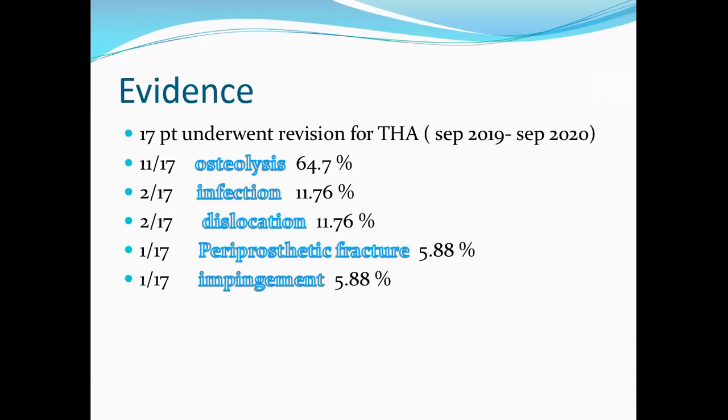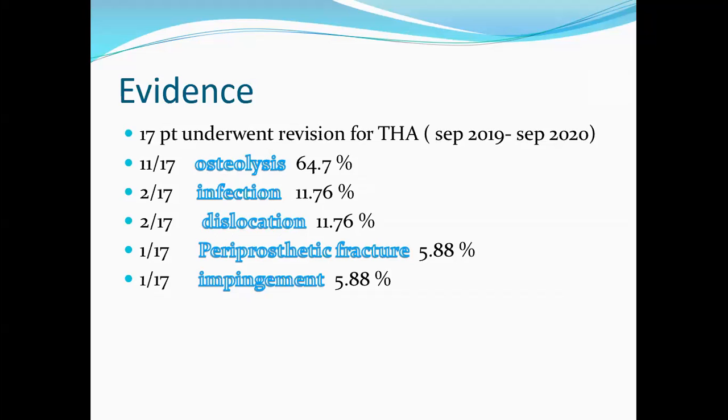We will start with evidence to show how common a complication it is post total hip. We collected 17 patients who underwent revision of their primary total hip in the period between September 2019 and September 2020. We found 11 of 17 patients with osteolysis as the cause of the revision of the total hip.